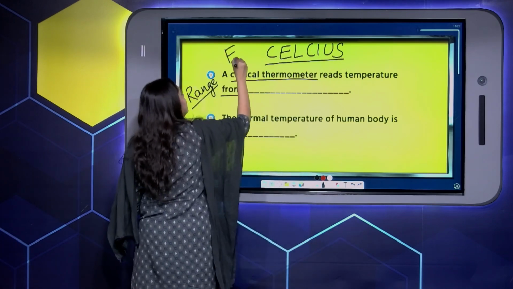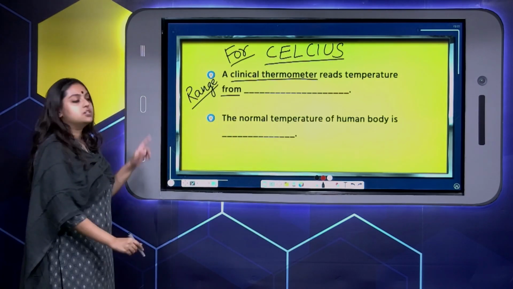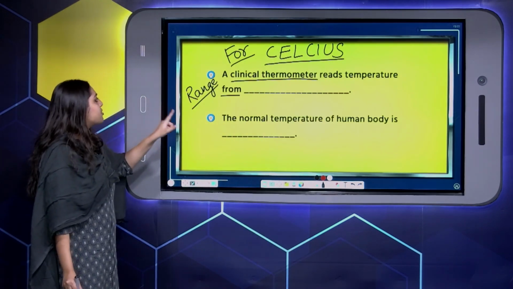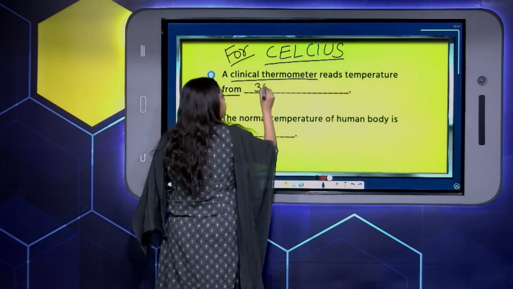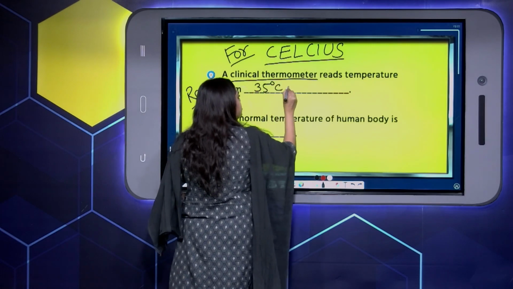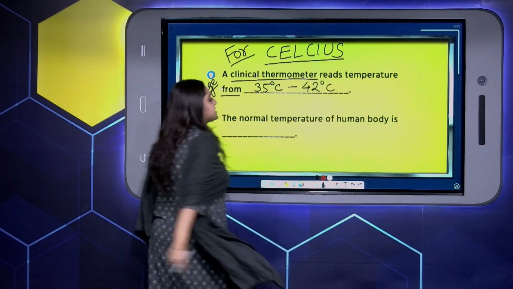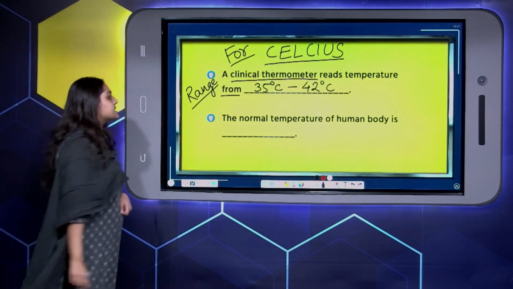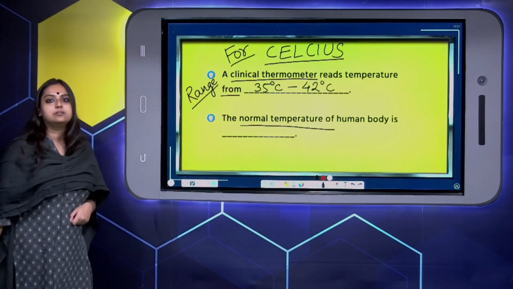So, for Celsius scale, the thermometer range is from 35 degrees Celsius to 42 degrees Celsius. Clear? And what is the normal body temperature in Celsius scale?